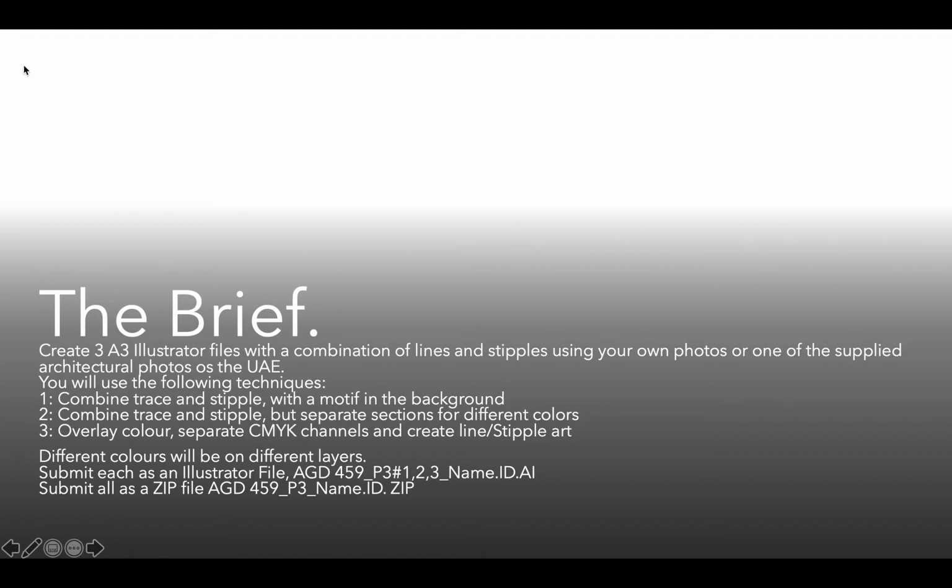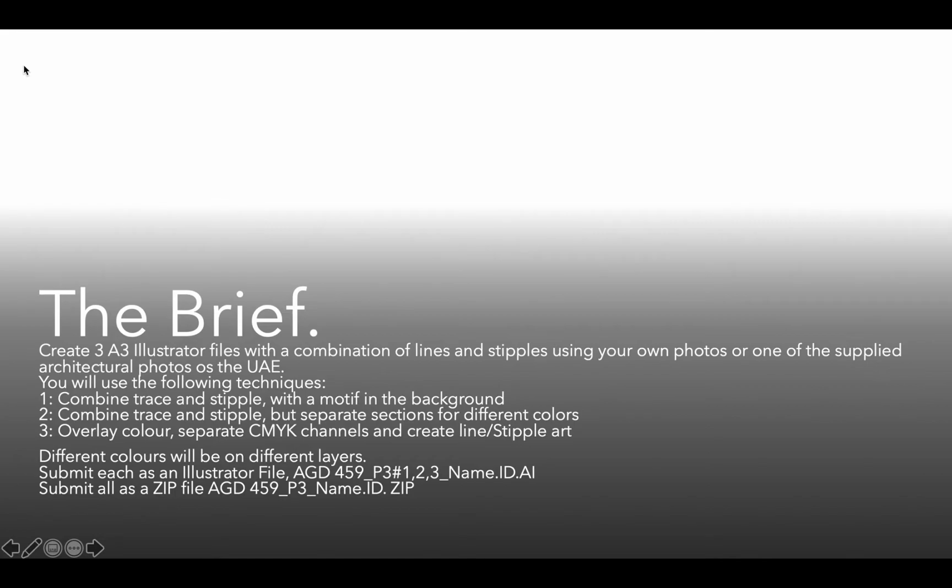And then in the third one, we're going to take color and put it over a black and white version of our photo, and then we're going to separate the CMYK channels, create line art from the black channel, and then create stipple art to create a false separation file using the stippling.